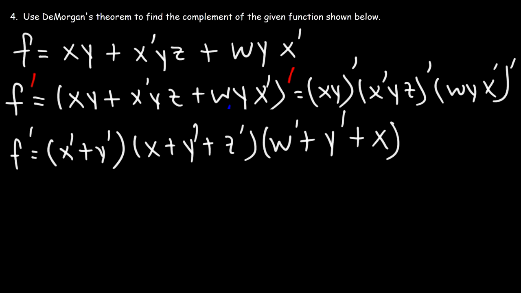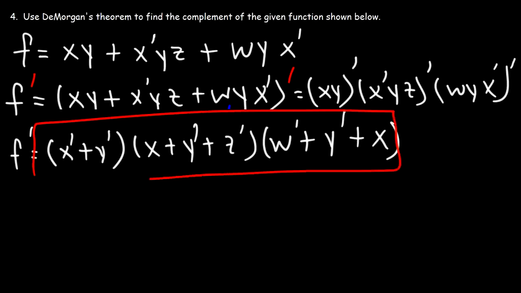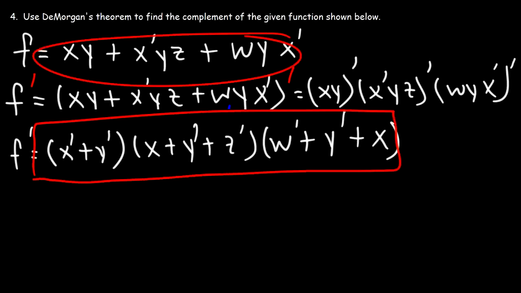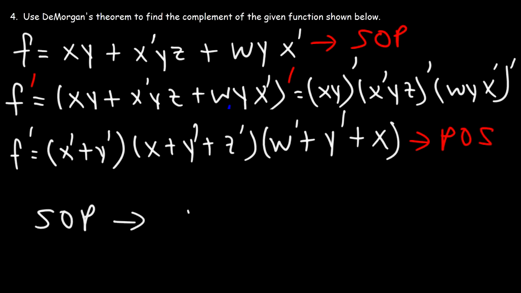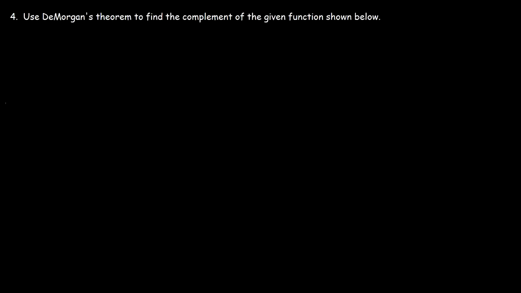And that's it. So this here is the complement of this function. So here we have a sum of products expression, and now we have a product of sums expression. So that's how you could use De Morgan's theorem to go from an SOP expression into a POS expression.